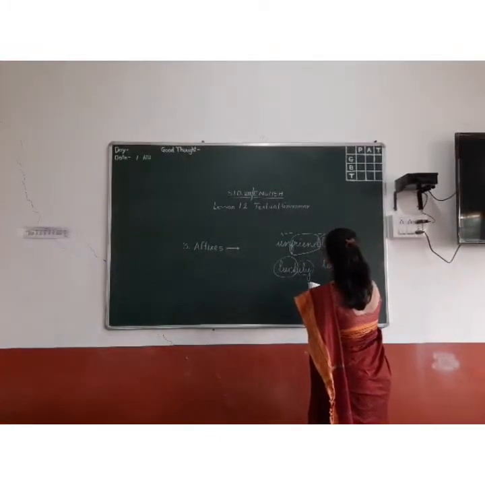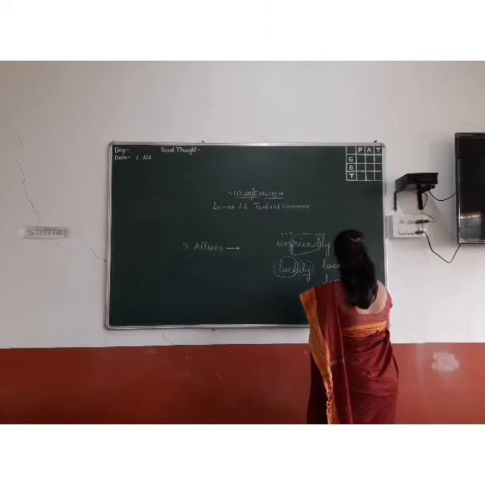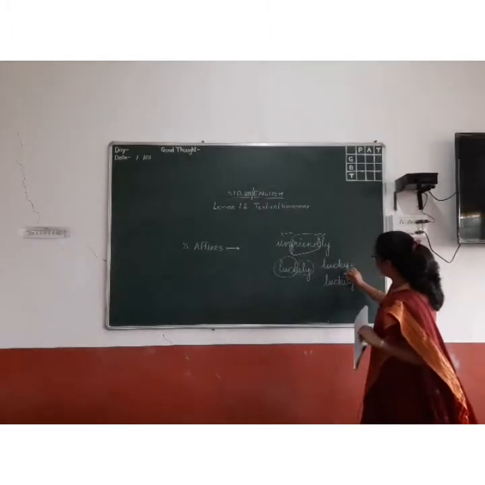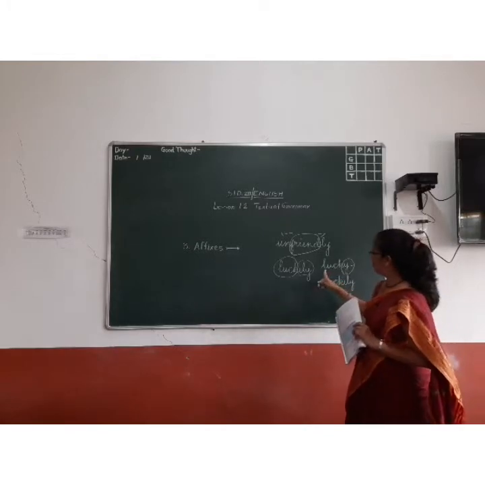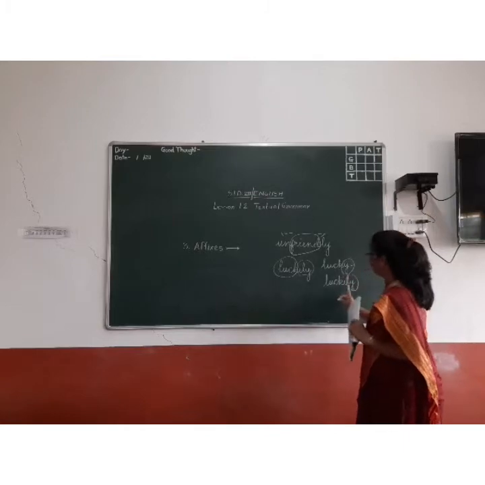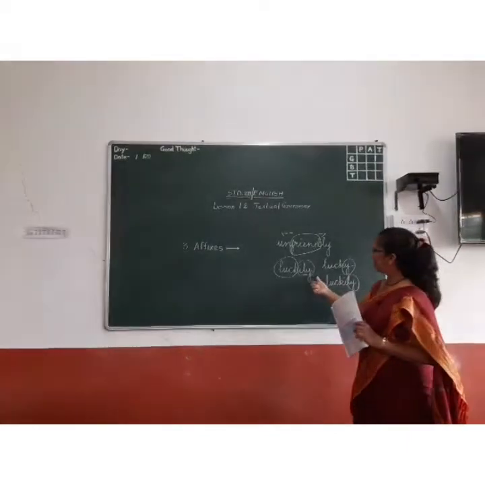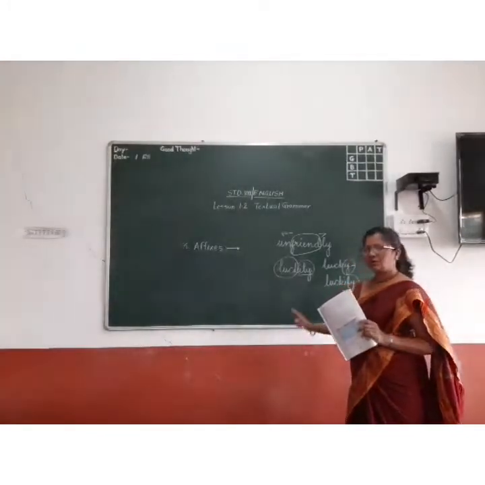Now lucky, when we say lucky and then we apply ly to this word, luckily. So already there is added one suffix, that is y, to the root word luck, and then one more suffix is added, that is ly. So in this case there are two suffixes. How many? Two suffixes.